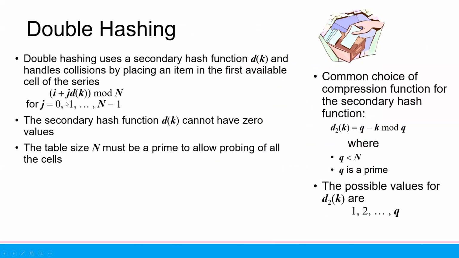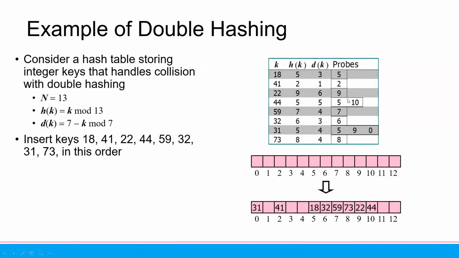We will use this function. We add j, so i plus j multiplied by d(k). First j equals 0.